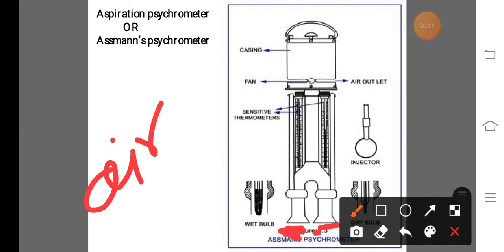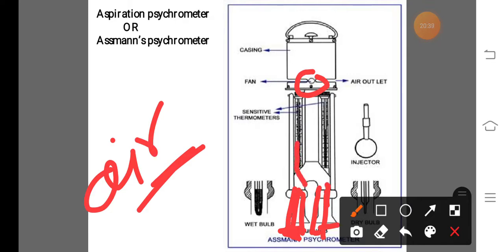When this thermometer is kept in the air or atmosphere, the fan present here sucks the air into the psychrometer. When the air is sucked by the fan, it passes over the two thermometers, and the excess air is also removed by this fan from the psychrometer.